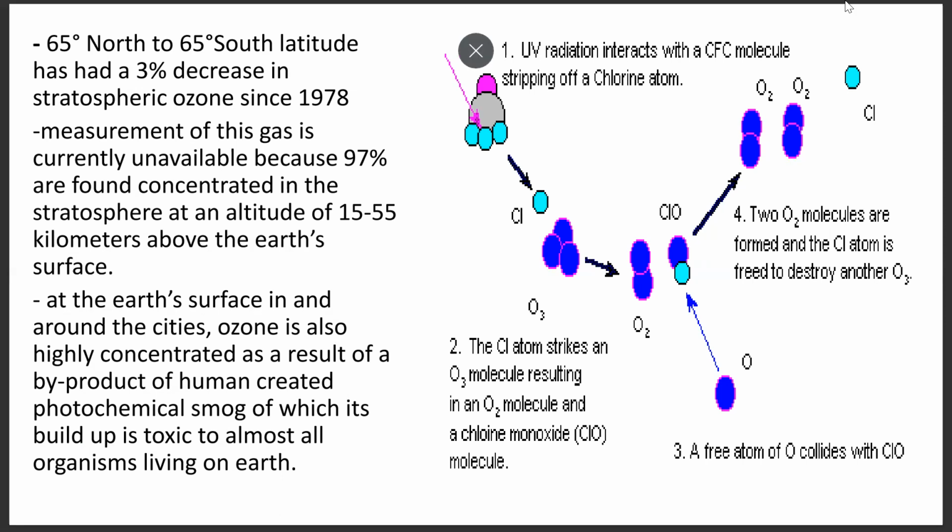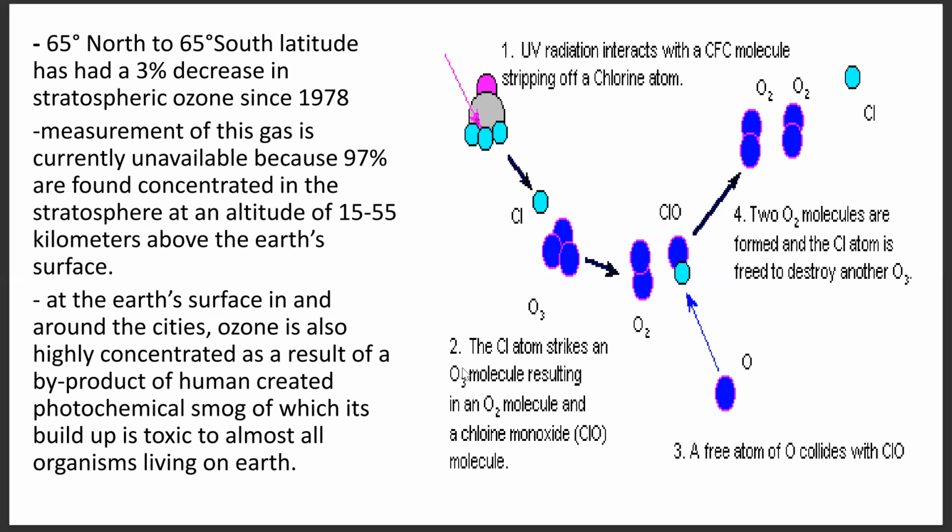we can actually see here that UV radiation interacts with a CFC or chlorofluorocarbon molecule, stripping off a chlorine atom. Chlorofluorocarbon is a combination of carbon, chlorine, and fluorine. So this chlorine will actually interact with ozone, O3, as you can see here, the purple molecule is ozone.